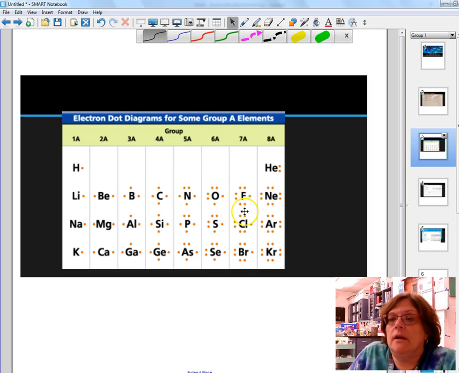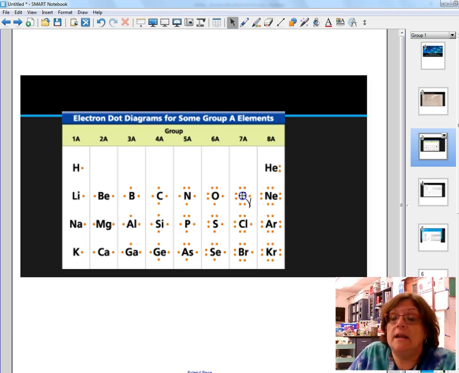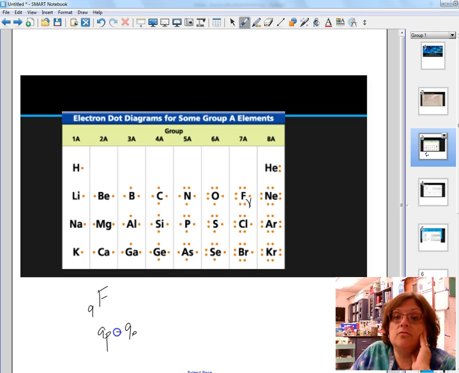Neon, 8 outer shell electrons. Fluorine has 7. What does fluorine want to do to get happy? Fluorine wants to add 1 more electron. If he does that, he'll be happy. Well, let's think about fluorine for a minute. He has 9 protons, 7 in his outer shell and 2 in his inner shell, so he has 9 electrons. 9 minus 9 equals 0.